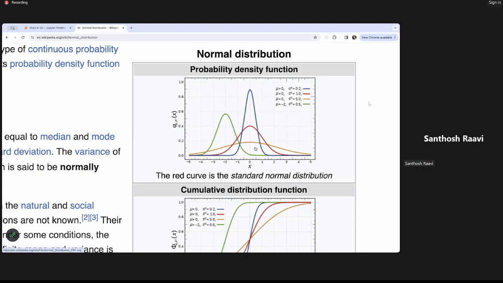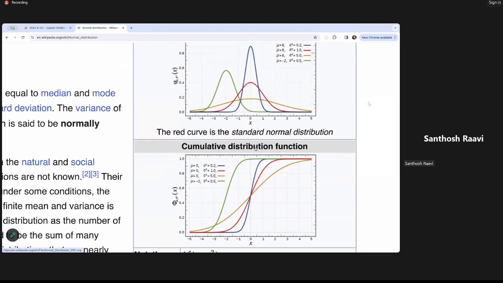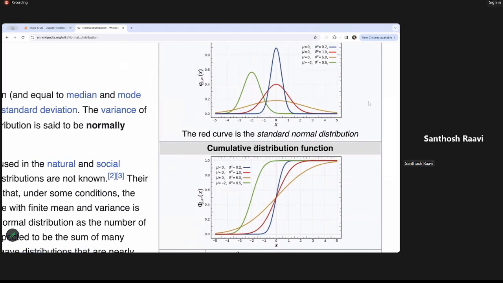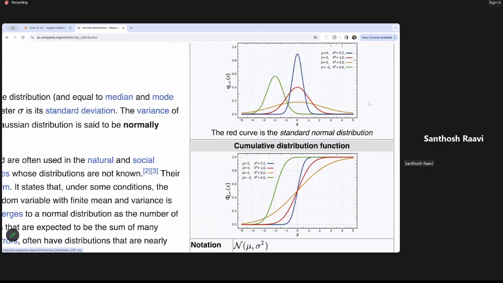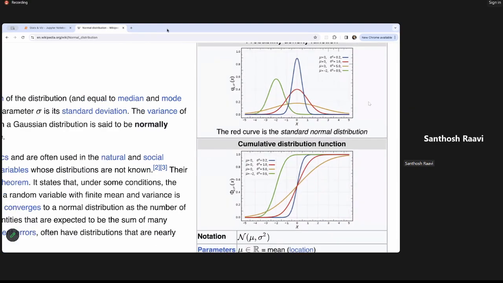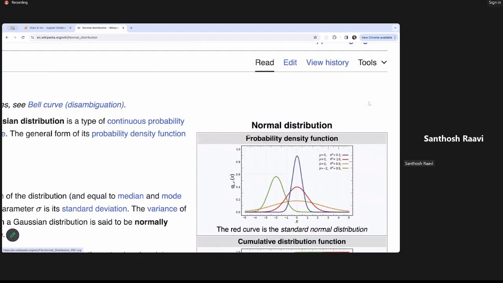If mean, median and mode are at the same value, then it is a normal distribution, and if the mean is equal to 0, then it is a perfect normal distribution, or simply the standard normal distribution. So that's about the bell-shaped curve, the normal distribution.